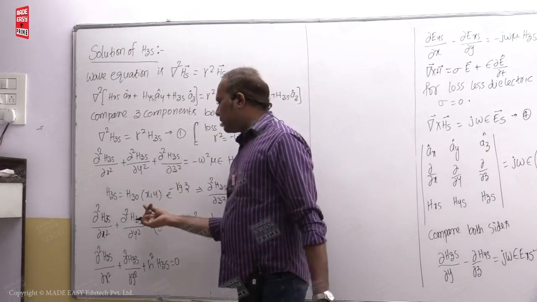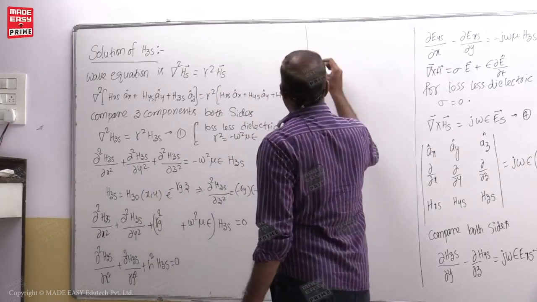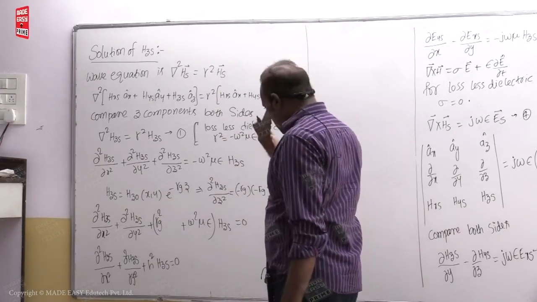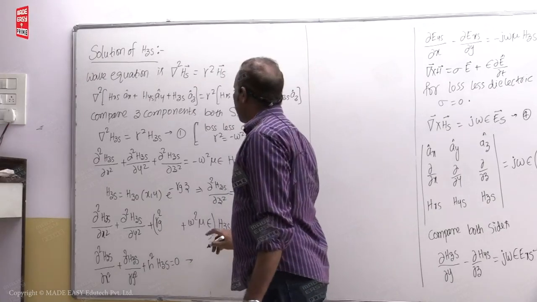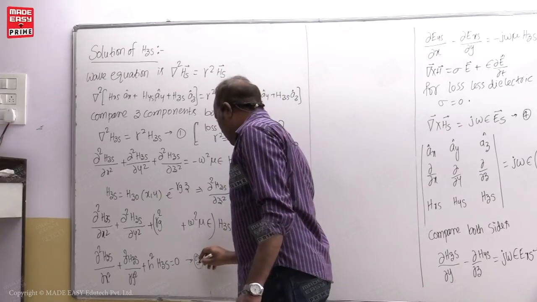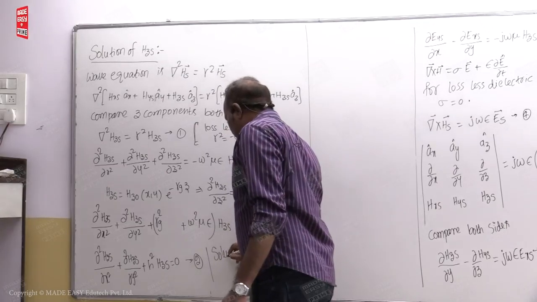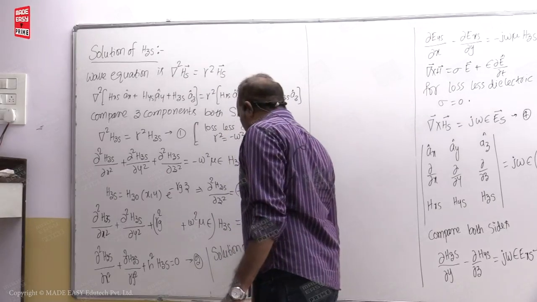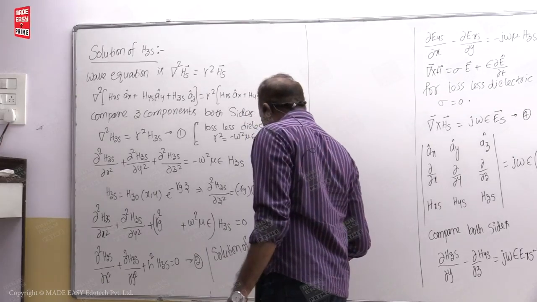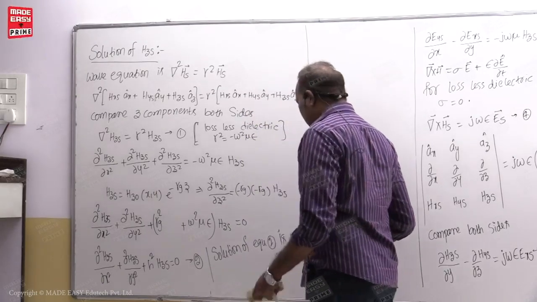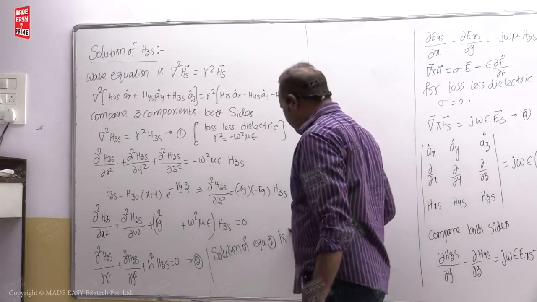It will be like that. So hz, this one, or otherwise they write like this. What is this? Equation number 2. Solution of equation 2 is like this they write.